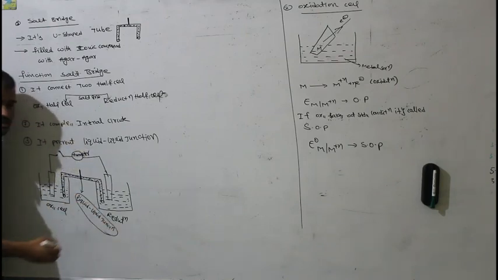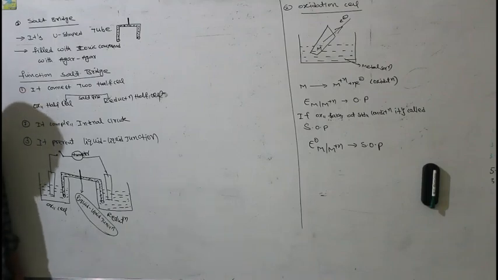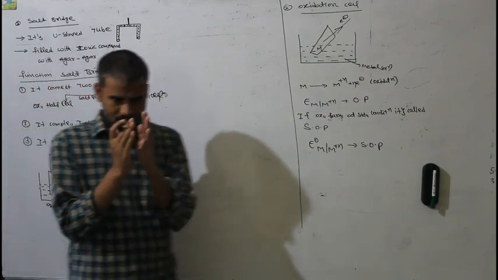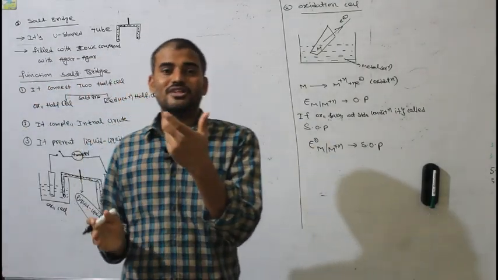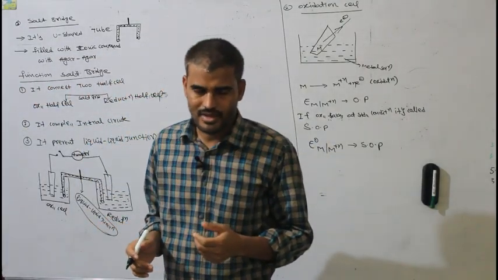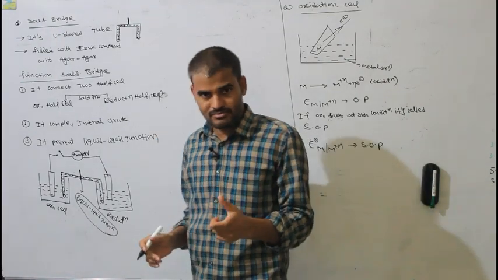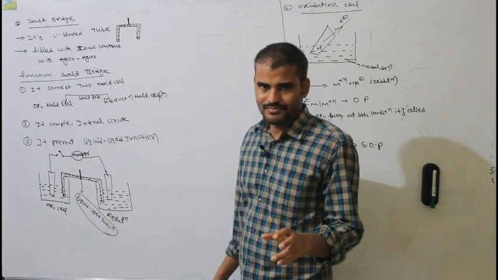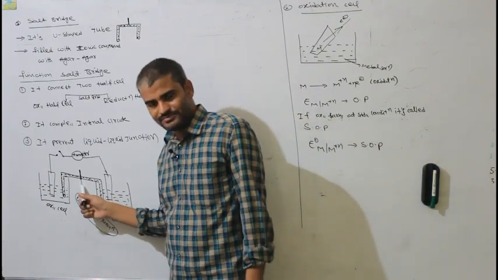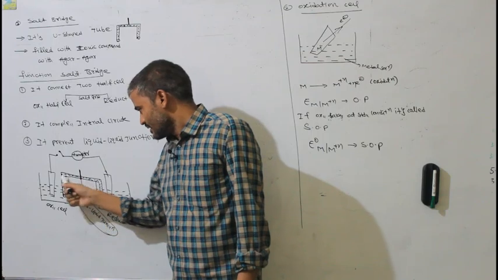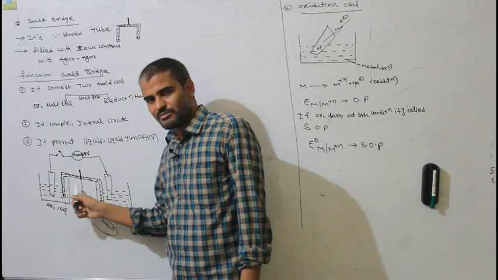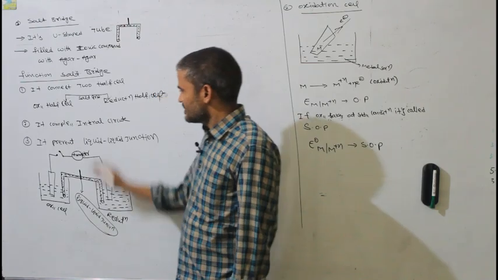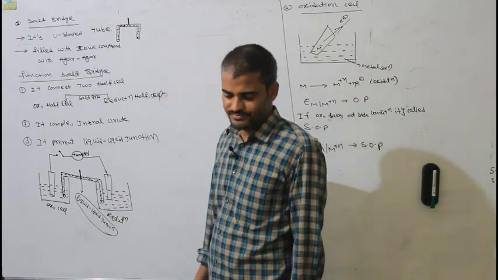Sir, what happens if liquid-liquid junction is created? When two solutions with different concentrations come in contact, some potential difference will be created between the two liquids. When that potential difference comes, the cell will not work. To avoid that, we use the salt bridge. The salt bridge prevents liquid-liquid junction formation by releasing ions. This is the function of the salt bridge.